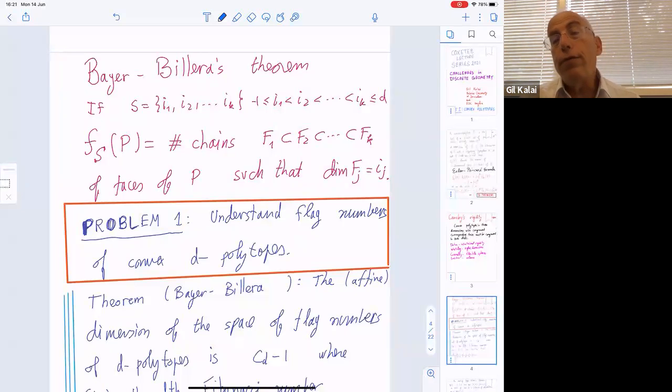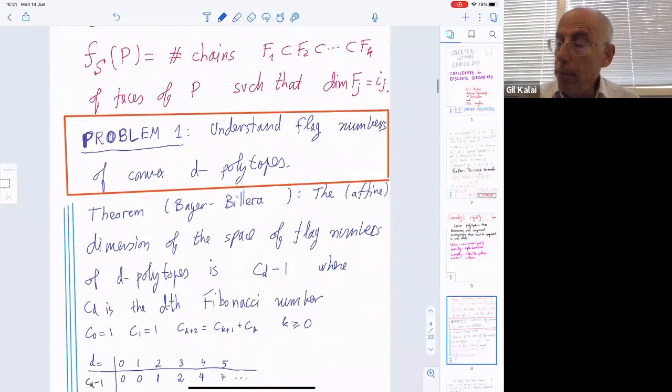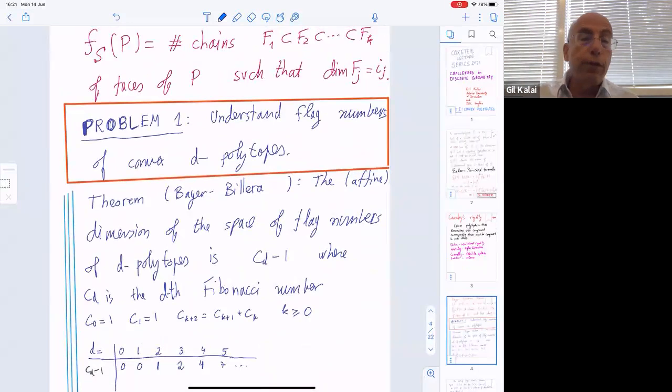And it is one of the most exciting problems in the combinatorial theory of convex polytopes to understand the flag numbers of convex d-dimensional polytopes. And this is a very interesting question. I think the first step was to understand the linear equalities between the flag numbers. And this is a theorem by Bayer and Billera that I want, first of all, to describe to you, and then to say a little bit about how it is proved.